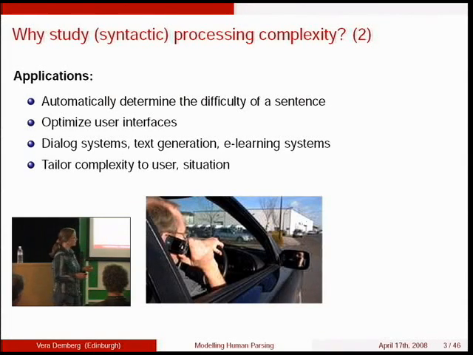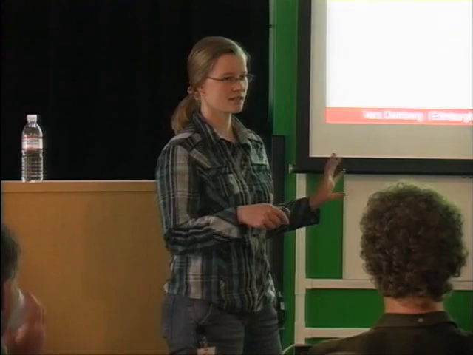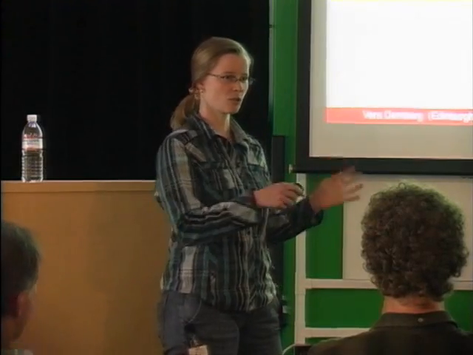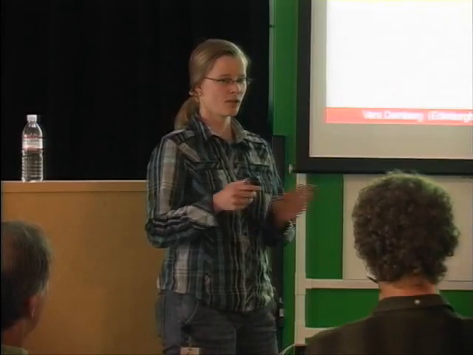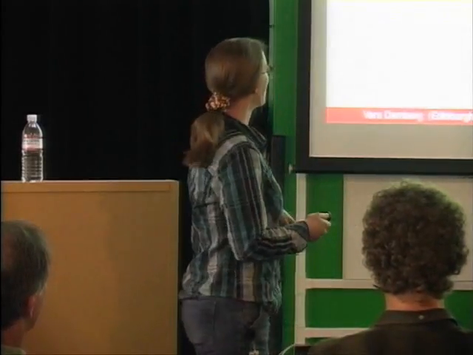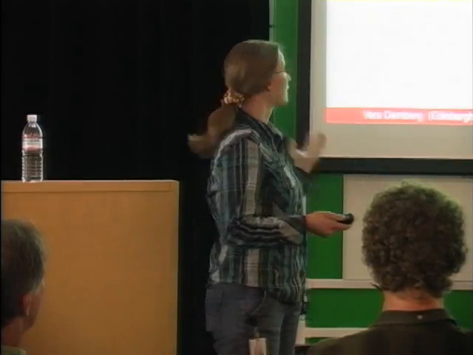So one possibility would be to use such a function where you put in a sentence at the top, and what you get out is that this sentence has this and this difficulty, and on a word-by-word basis, we can say that here there are certain spikes in processing difficulty, for example. And then we could tailor that for different situations.